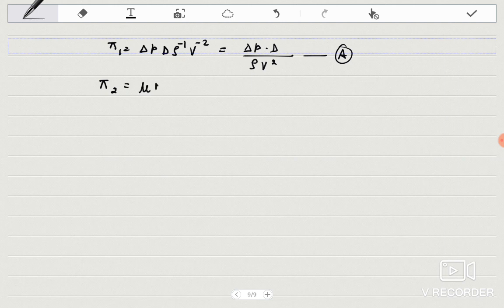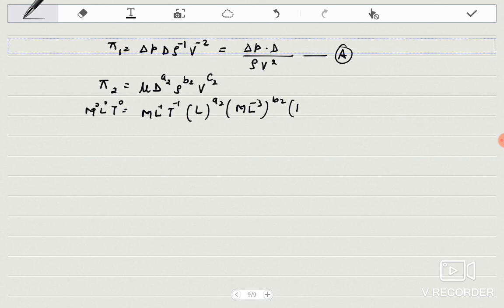So mu, D raised to the power A2, rho raised to the power B2, V raised to the power C2. Write the dimensions M0, L0, T0. It is M L inverse T inverse, which is L to the A2, M L minus 3 to the B2 and L T raised to the power minus 1 to the C2.